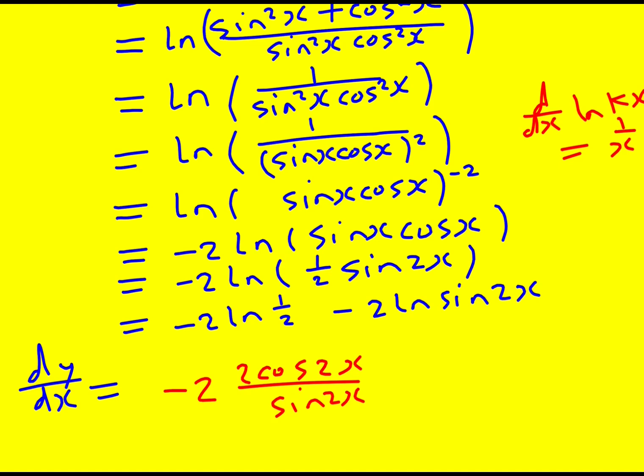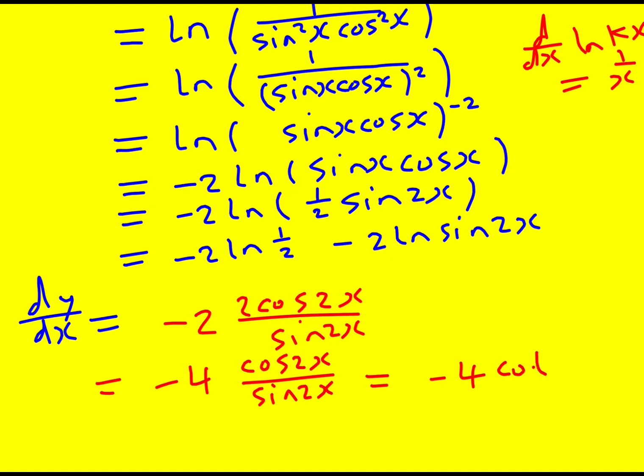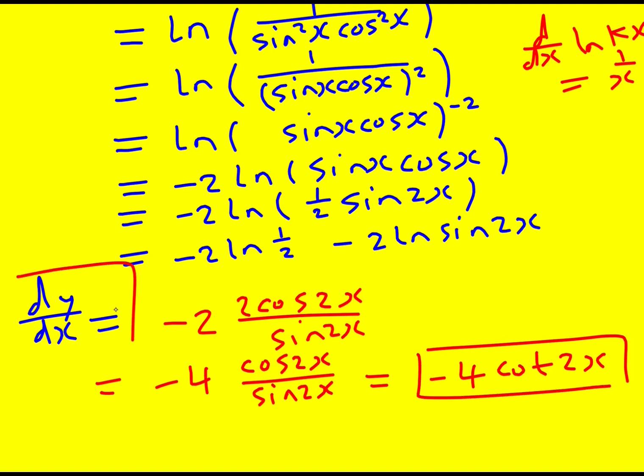So that gives me minus 4 cos 2x over sine 2x, and this is precisely minus 4 cot 2x, which is what we wanted to get at from the start.